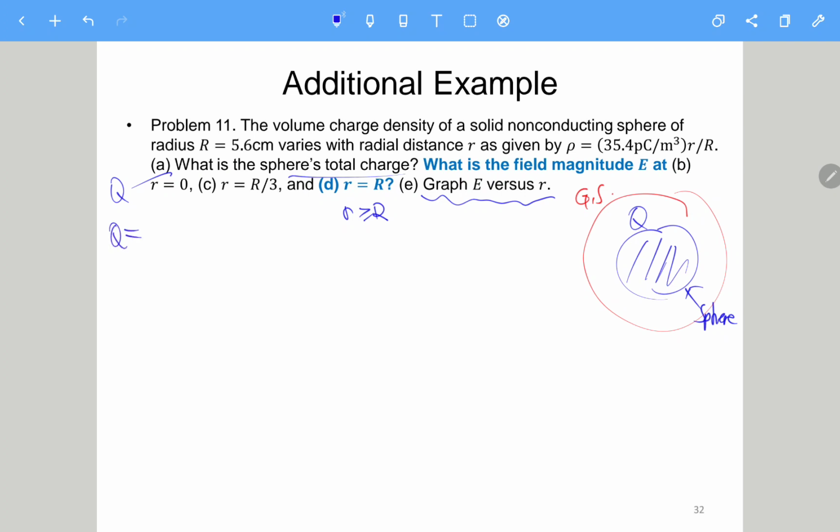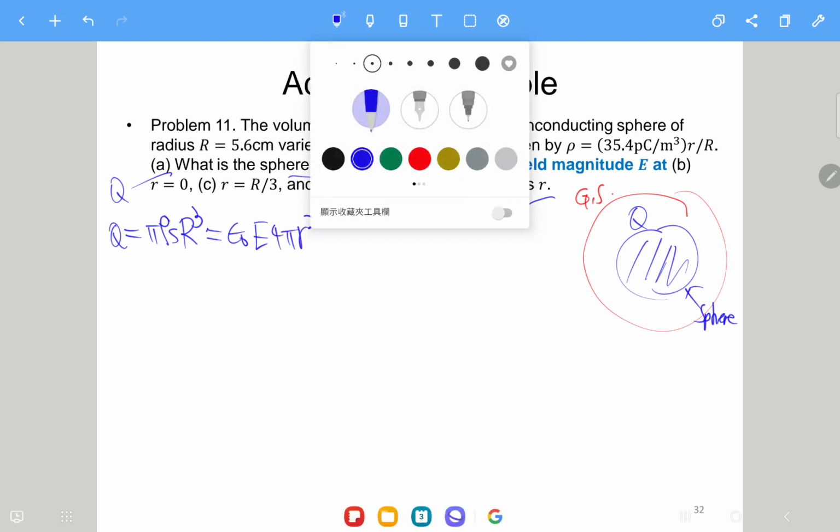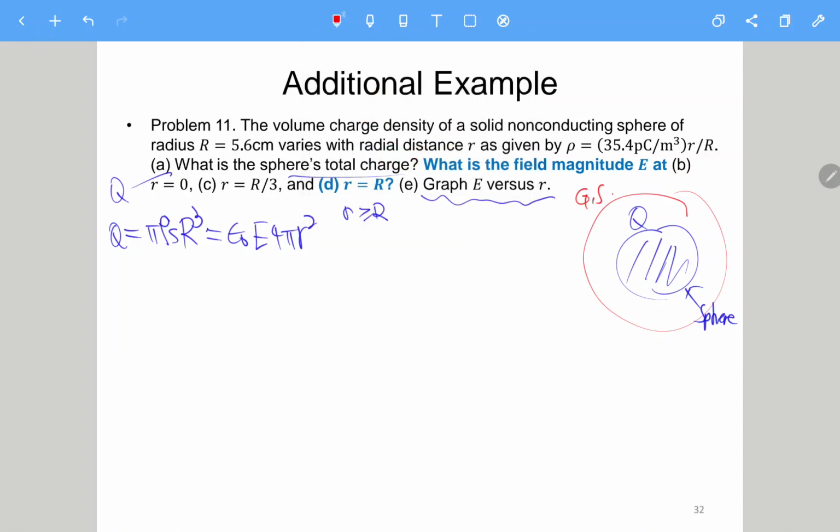So Q is four thirds pi rho S times capital R cube, equals epsilon naught E 4 pi r square as usual. Then we can do cancellation. This pi and pi can be cancelled. Then we can move over this epsilon naught and also r square and also this 4.